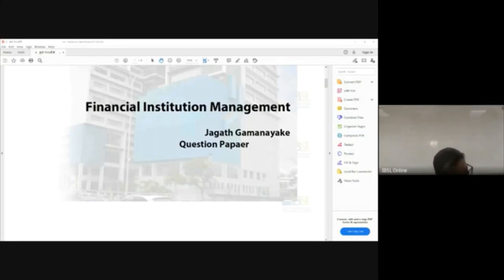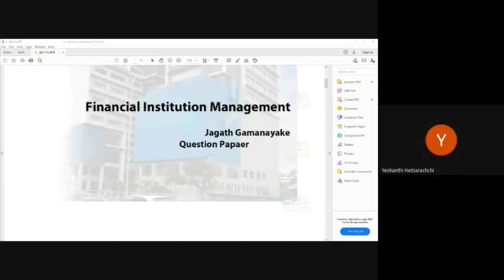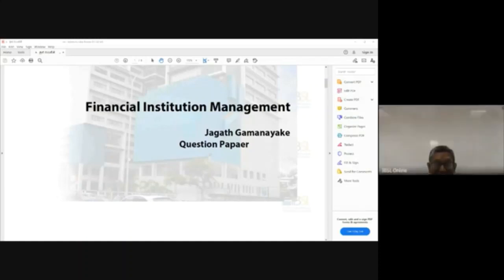Are you aware now of what the deposit insurance scheme is? What is the maximum amount a customer can get? This is nothing to do with my subject, right? But you need to know. Suppose a particular organization or bank loses its license or is canceled, what is the maximum amount the customers can get? 300,000 rupees maximum. No, more than that.